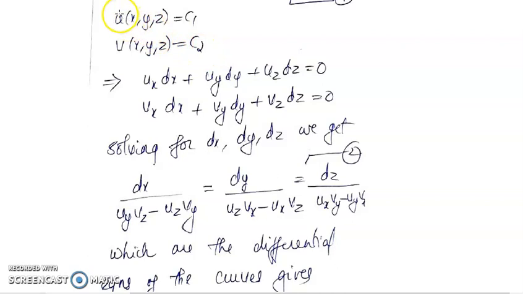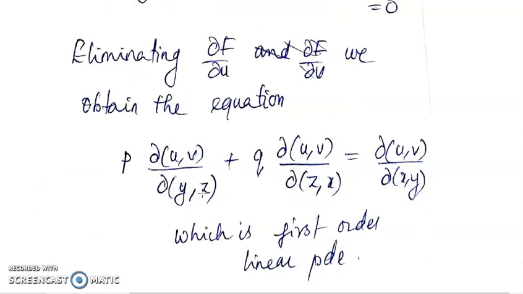So from that u and v obtained, if you form an arbitrary function of the form f of uv equal to 0, that is going to be the solution of your first order linear PDE. So that's how we find the solution of a first order linear PDE. Okay, thank you.